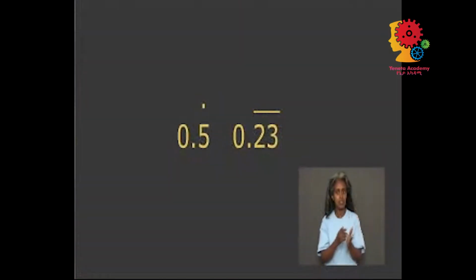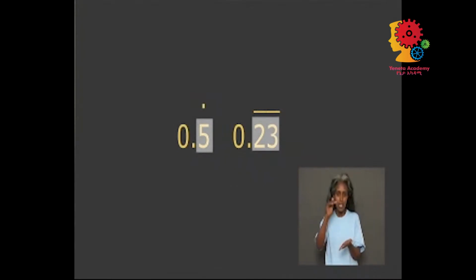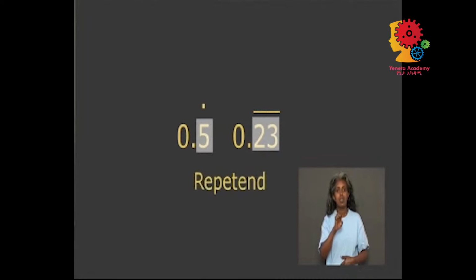To show a repeating digit or block of digits in a repeating decimal number, we put a bar above the repeating digits. In this case, our repeating decimal would be written as this. This is known as bar notation, and the portion of the decimal that repeats is called the repetend.